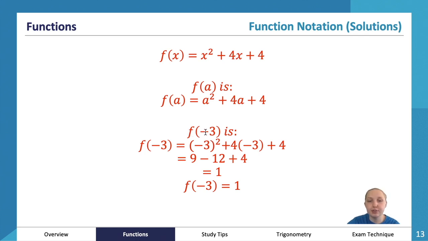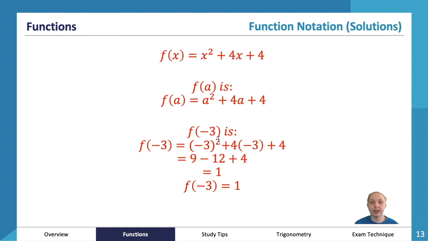So we've got f of minus 3, and that is substituting in minus 3 wherever there was an x in our original equation. So what we do is we do minus 3 squared. Please remember when you're doing these questions, if you are being asked to substitute in a negative value, you must put brackets around it. Otherwise, you're going to end up with the wrong answer when you square it, okay?